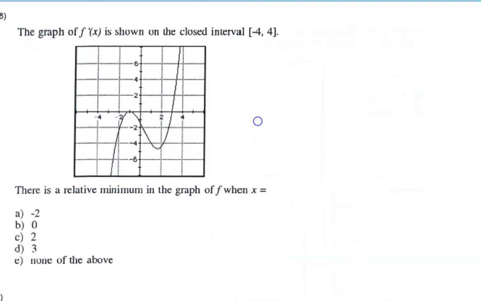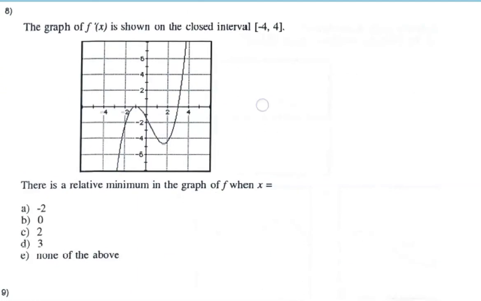Okay, number 8, the graph of f prime is shown on the closed interval from -4 to 4. There is a relative minimum in the graph of f. Again, this is f prime. We're looking for a min on f when x is equal to what? Referring back to that chart, f has a min when f prime changes from negative to 0 to positive.